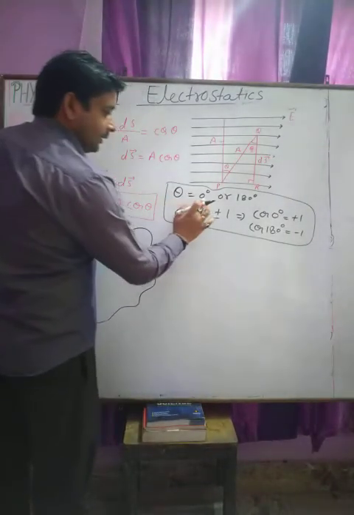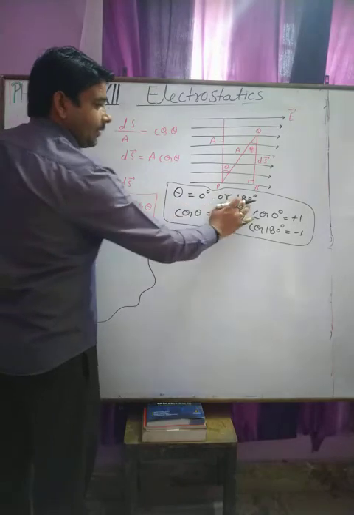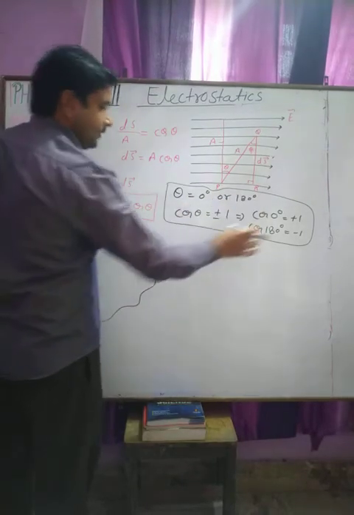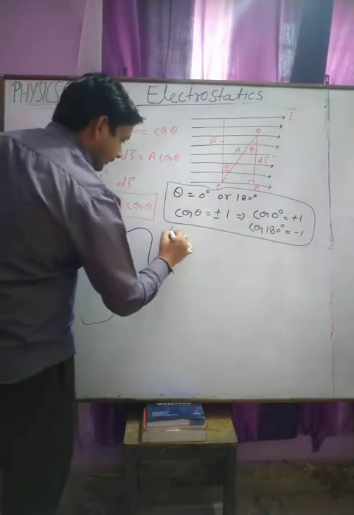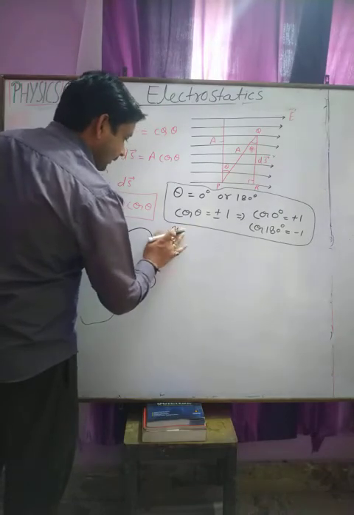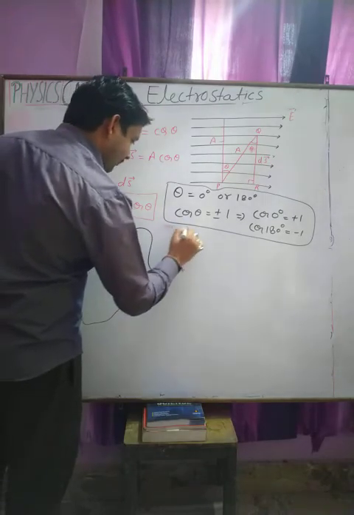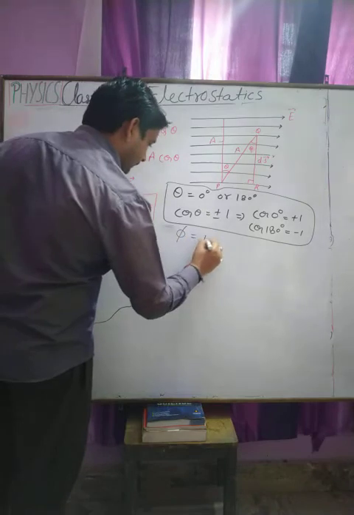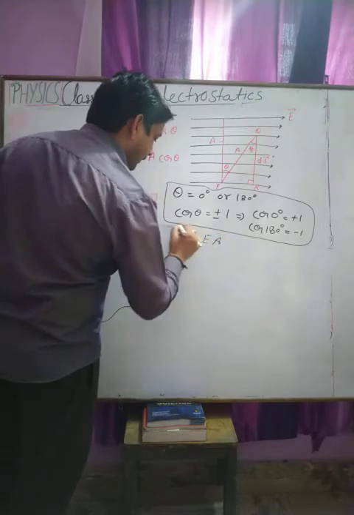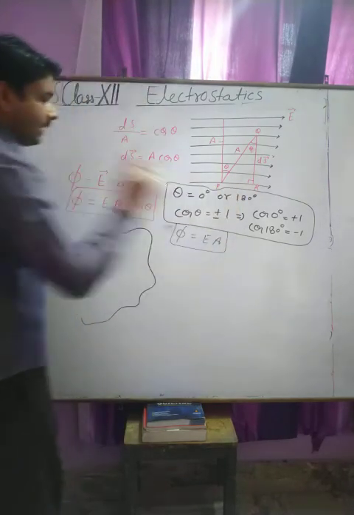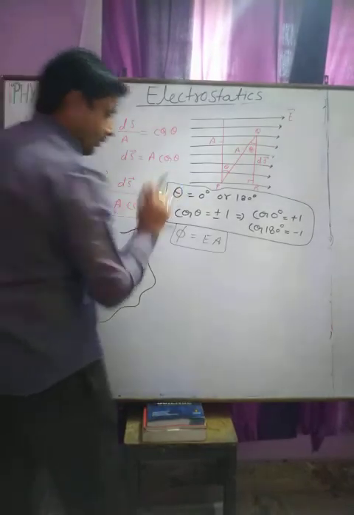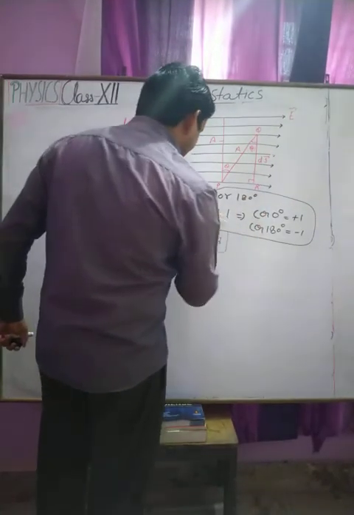For theta equal to 0 degree and 180 degree, the value of this flux is maximum, given by phi is equal to EA, because cos 0 or cos 180 is 1.